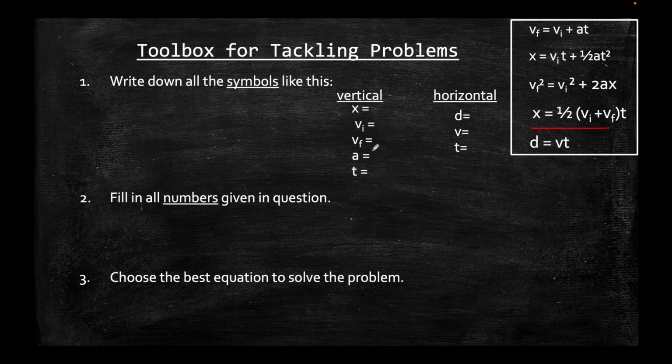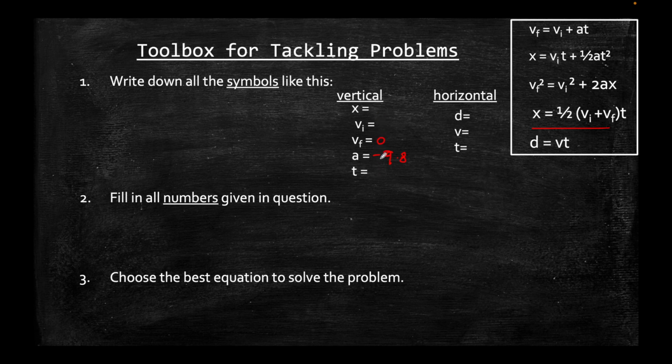If it says a ball is thrown into the air, automatically you're expected to know that this is minus 9.8. So there you go. That's a 9, by the way. And then you will say, what is the speed at the maximum height? Well, straight away, you know that the speed at the maximum height will be 0. Stuff like that. So you'll start filling in some numbers, whatever is given to you.